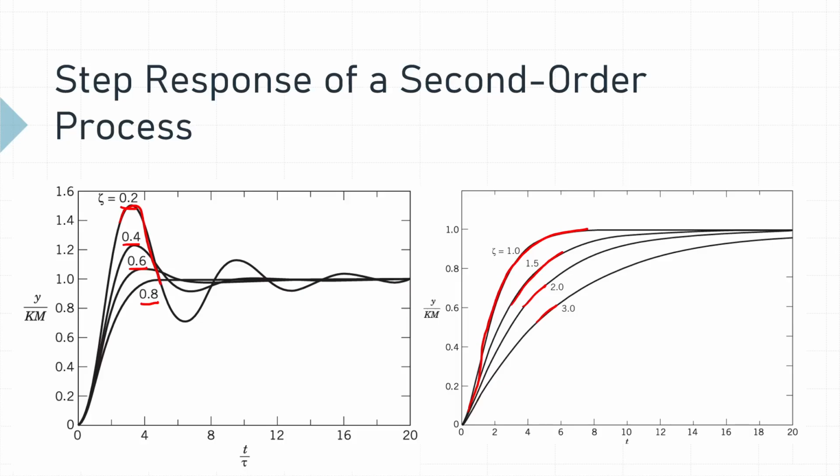The fastest response without overshoot is achieved in the critically damped case where zeta is equal to 1. This is the fastest response without sacrificing overshoot. As you notice, for 0.8, there is just a slight overshoot right over there.